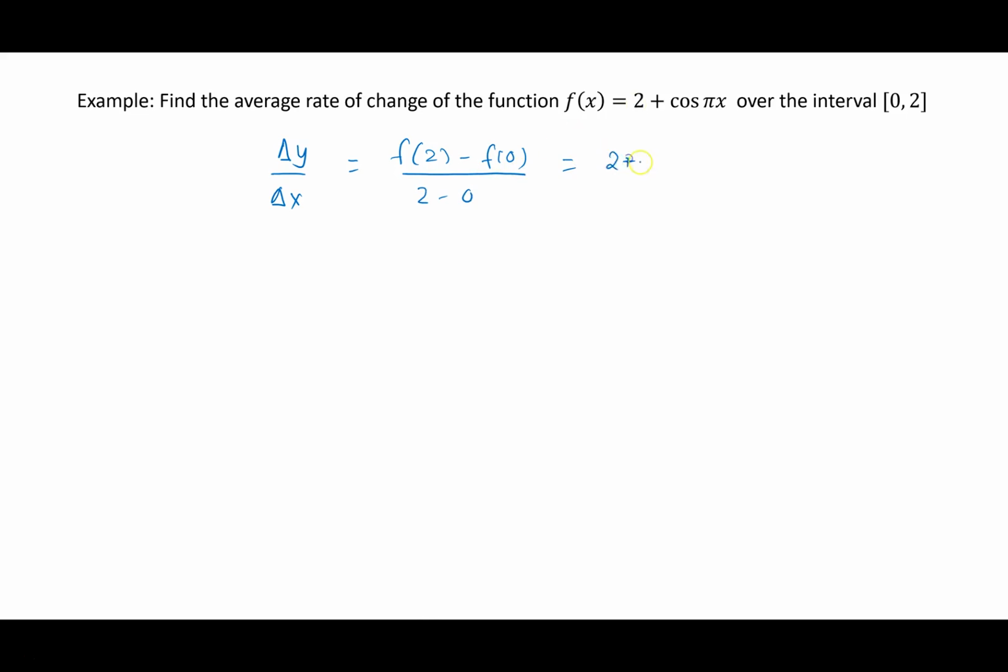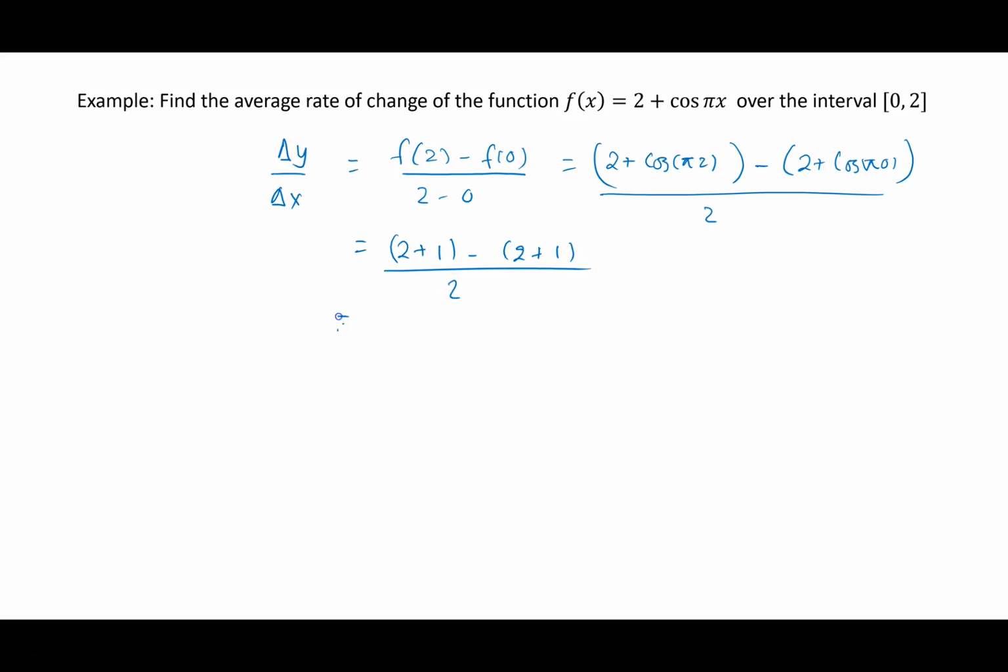So it is 2 plus cosine pi times 2 minus 2 plus cosine pi times 0, over 2. And 2 plus cosine 2 pi is 3, minus 2 plus cosine 0 is also 3, divided by 2. 3 minus 3 divided by 2 is 0.